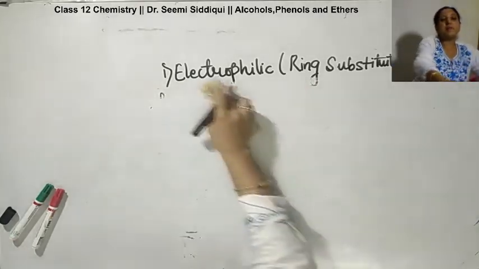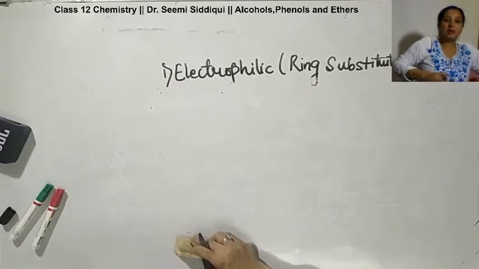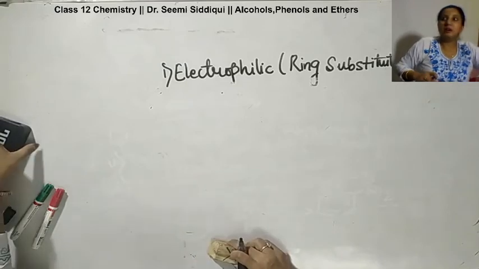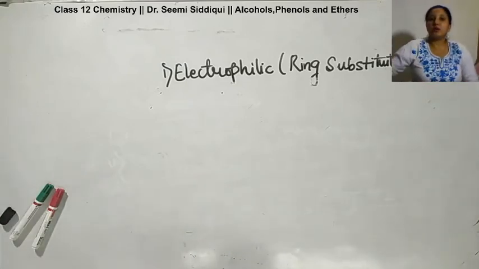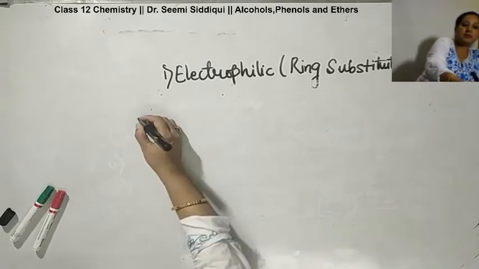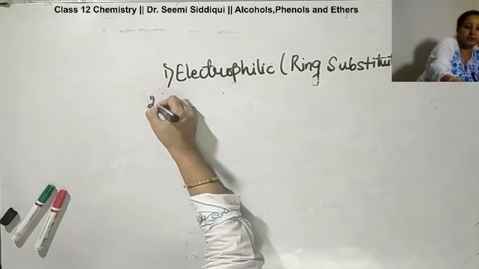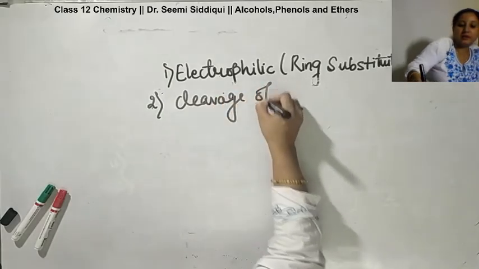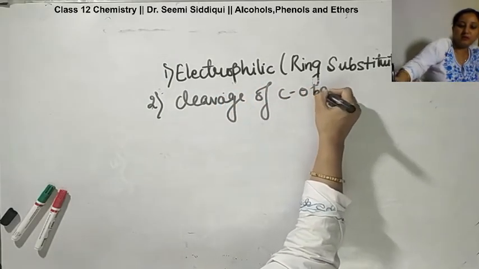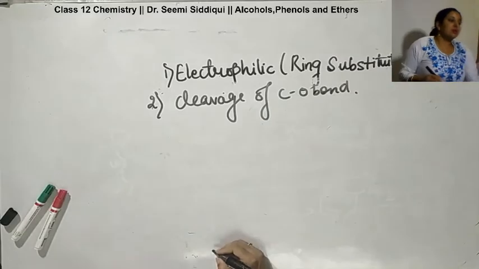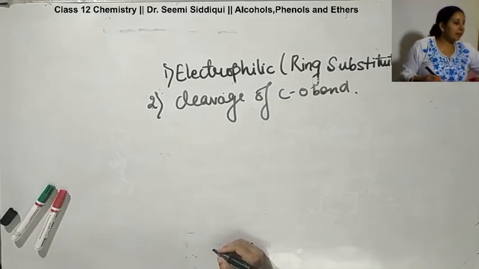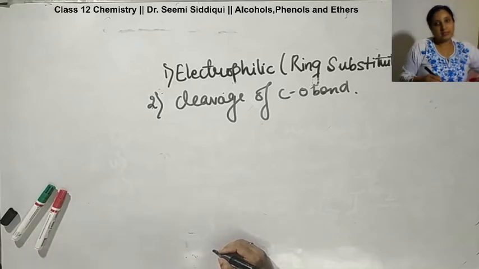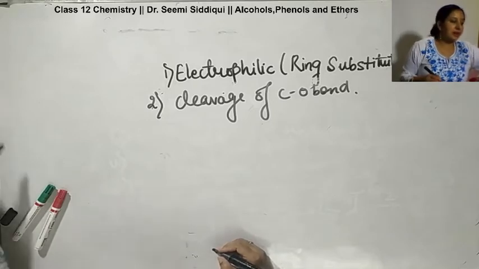The second type of chemical property, when we talk about ethers, is the cleavage of the C-O bond. Now, when we did the cleavage of the C-O bond, we said that we did the reaction.